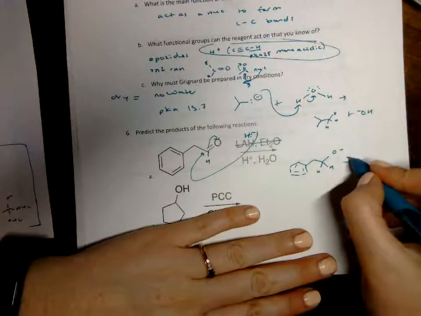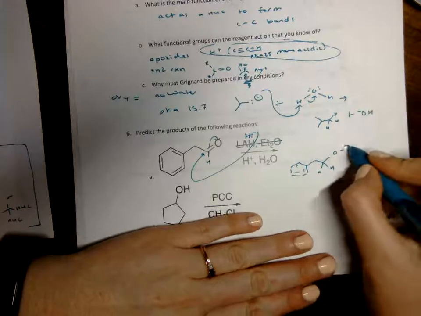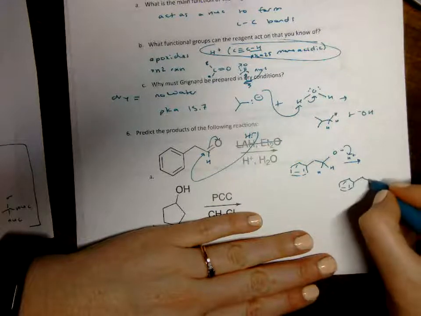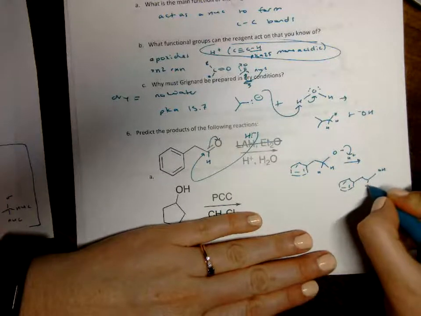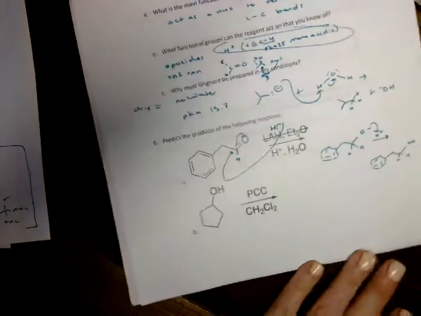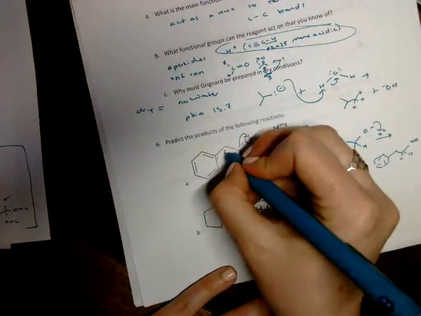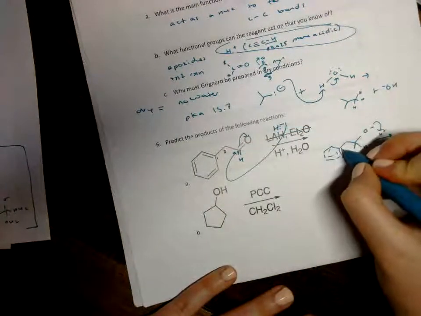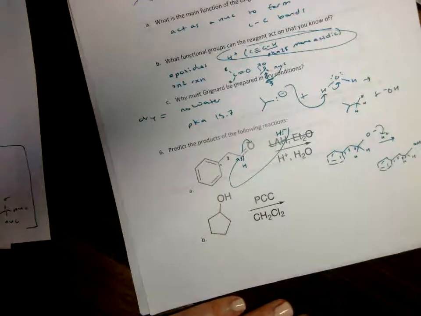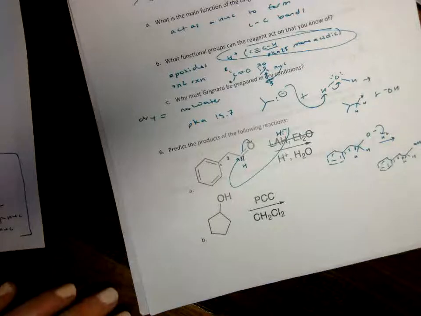And then we have H plus. So that adds a hydrogen to this oxygen, and you end up with an alcohol. So that's just the generalized reaction mechanism for LiAlH4 that we talked about on the previous page. And I always make sure that I have the right number of carbons here because I tend to lose them. Yep, there we go. Looks correct.